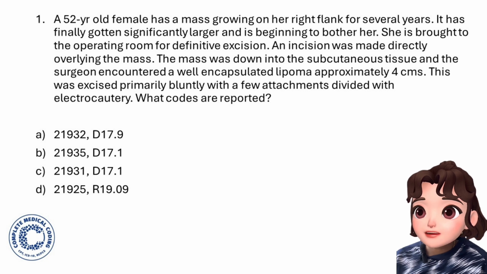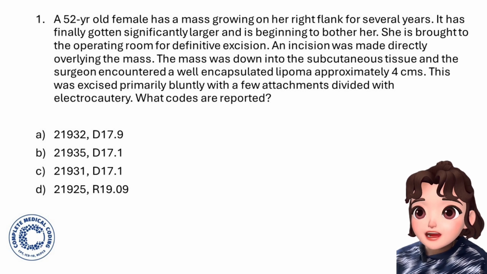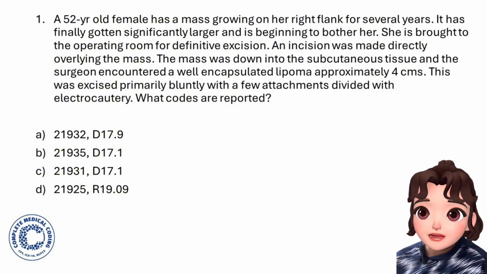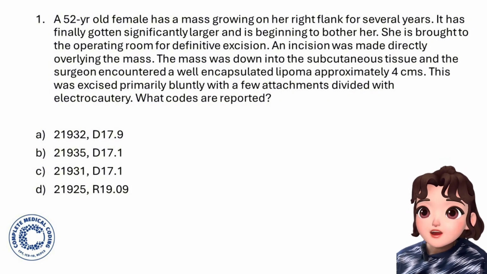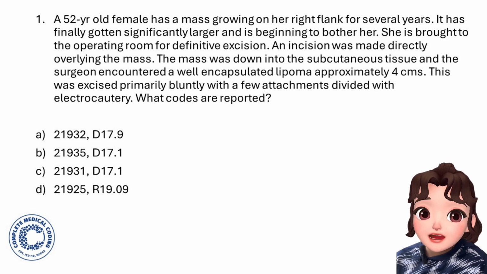The mass was taken down into the subcutaneous tissue and the surgeon encountered a well-encapsulated lipoma, approximately 4 centimeters. This was excised primarily bluntly with a few attachments divided with electrocautery. What codes are reported?